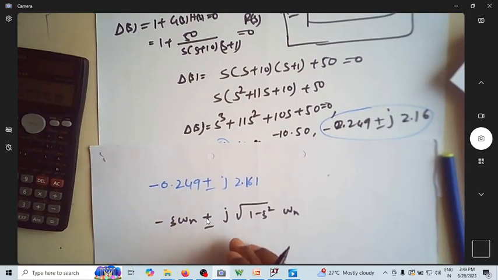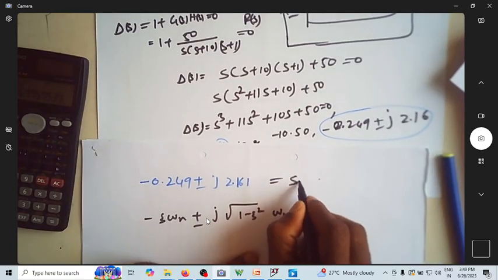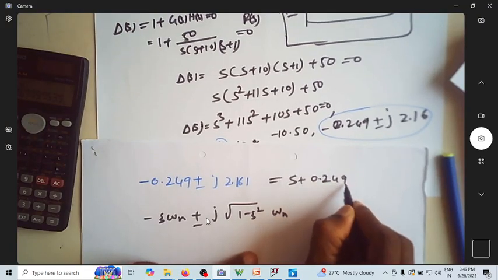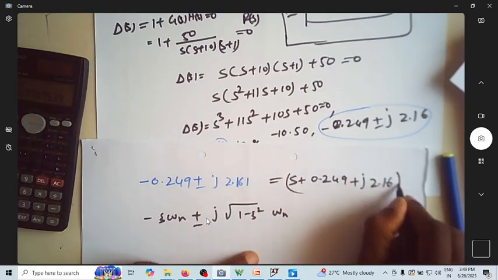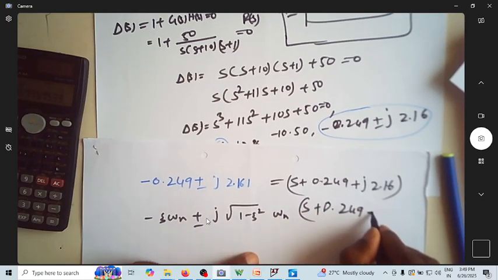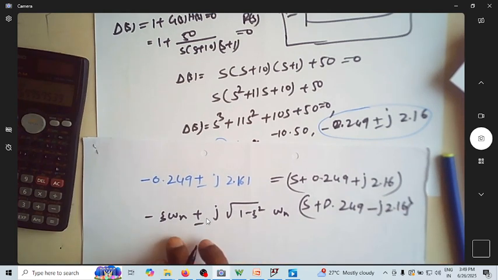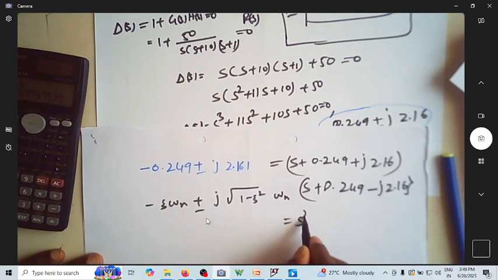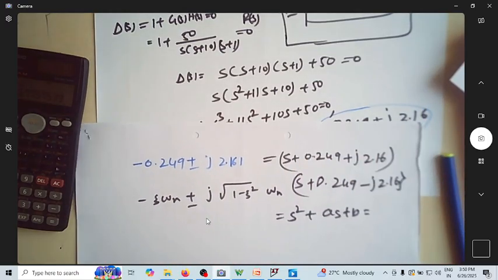So how do I actually find the pole position? Can I write the quadratic equation of this one? I can write the equation as s plus 0.249 plus j 2.16 and s plus 0.249 minus j 2.16. Correct? This results in s square plus a s plus b, so let me take this as a general form.